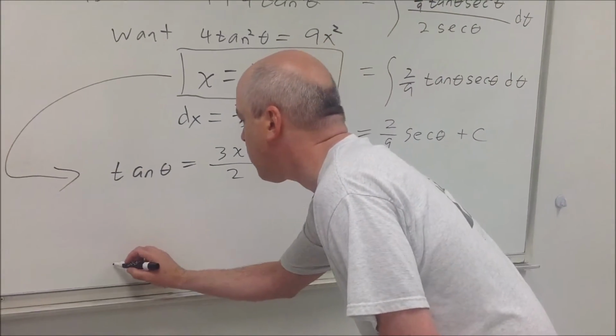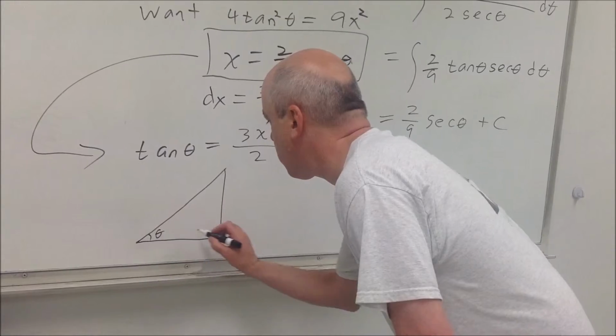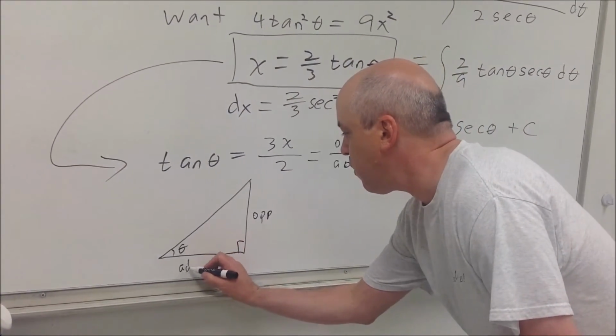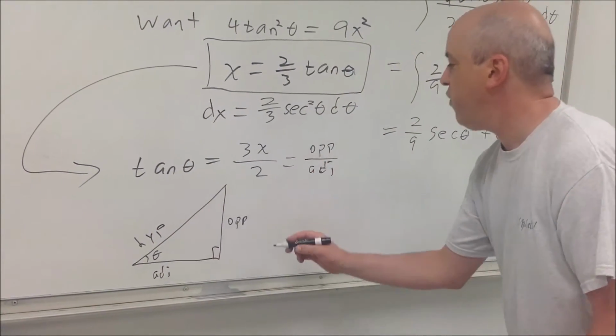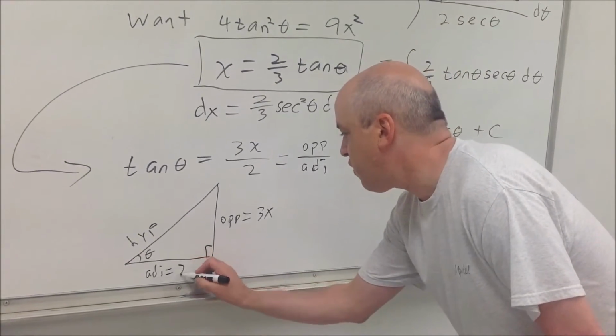So let's make a triangle here: the opposite side, the adjacent side, and the hypotenuse. The easiest way to pull this off is to simply make the opposite side 3x and the adjacent side 2.